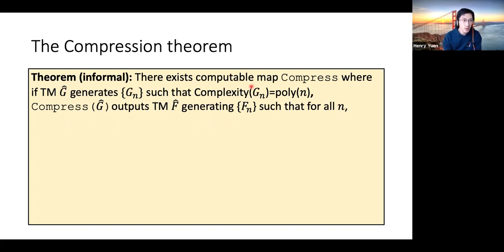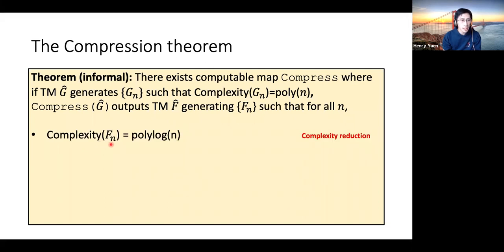So you're going to take this infinite family of games and plug it into compress via this G hat, and it's going to output another infinite family of games F sub n through this Turing machine F hat. So it maps families of games to families of games. What do we know about the output family?